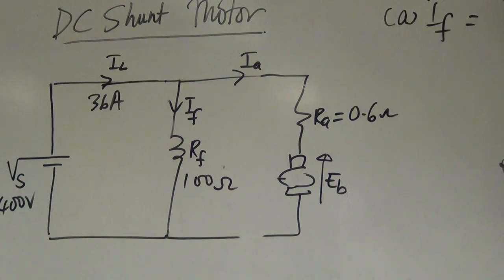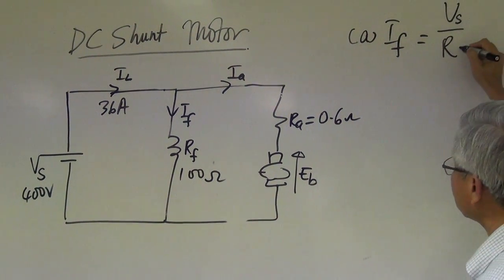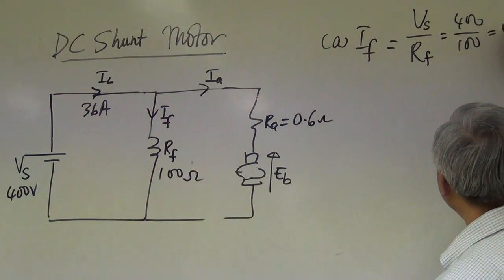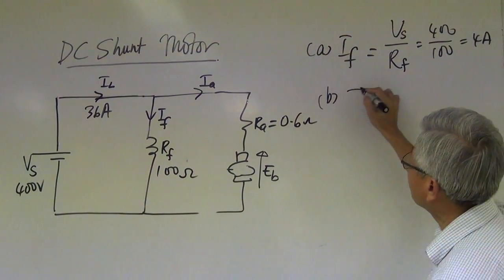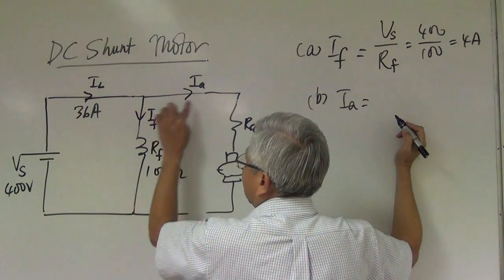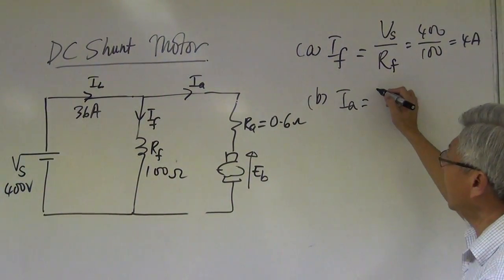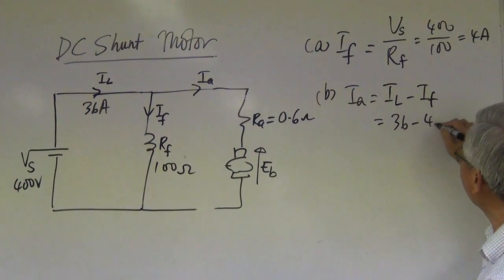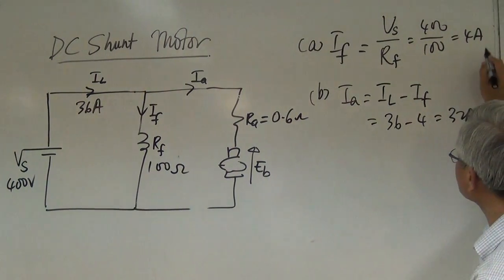Ohm's law, V over R. Which V? Vs. Which R? Rf. So there is 400 divided by 100. That's 4 ampere. Part B, calculate IA. You know this current, you know this current. Can you get this current? Yes. IA equal to IL minus IF. So that is equal to 36 minus 4, 32 ampere.